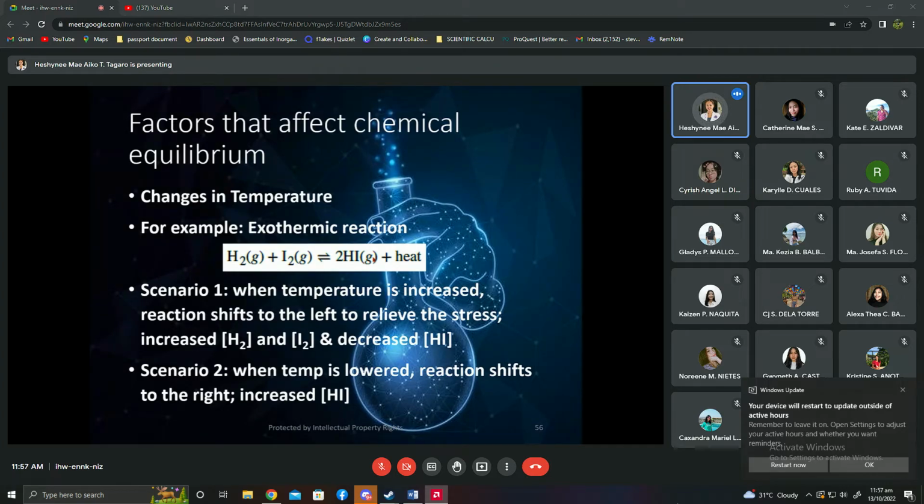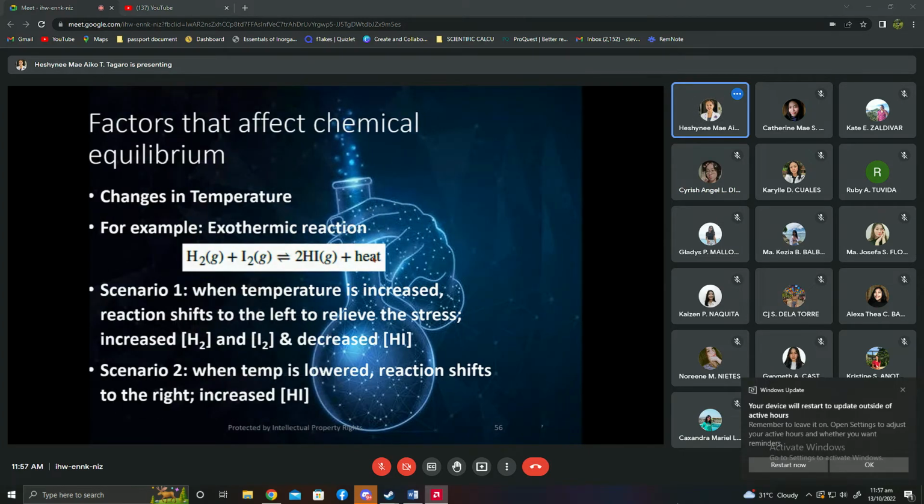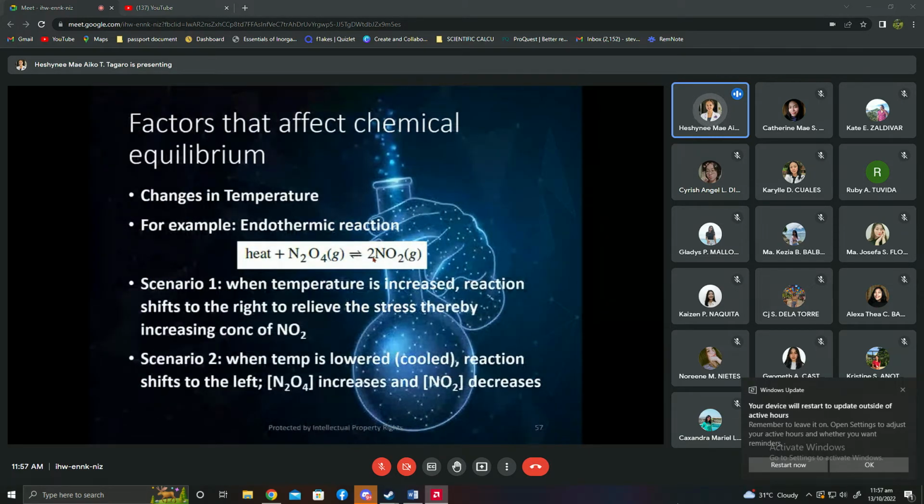So, malain ini siya kung endothermic ang reaction. So, an endothermic reaction is a heat-absorbing reaction. So, heat is here in the reactant side. Alright? Scenario 1 for an endothermic reaction.